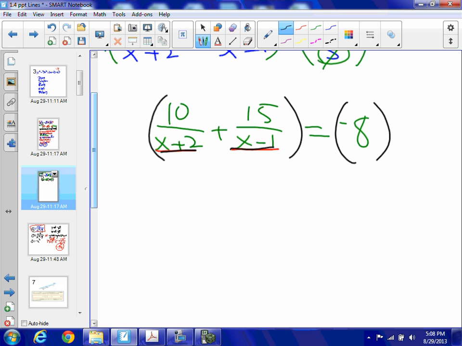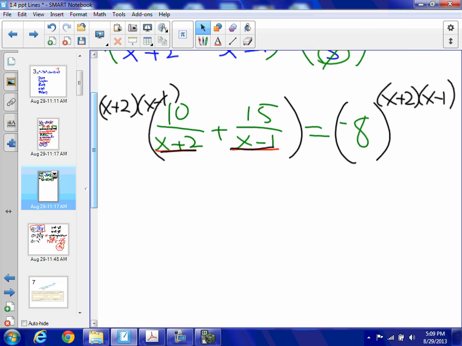I'm going to multiply my left side by x plus 2, x minus 1, and my right side by x plus 2, x minus 1. Because I know if I multiply by all of my denominators, all of my denominators are going to go away.